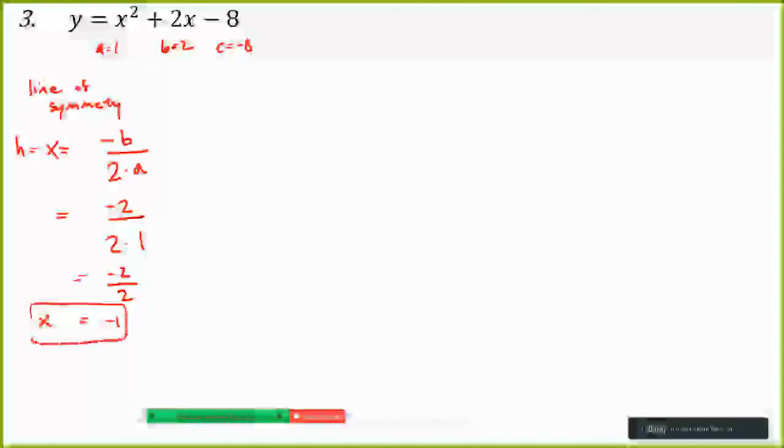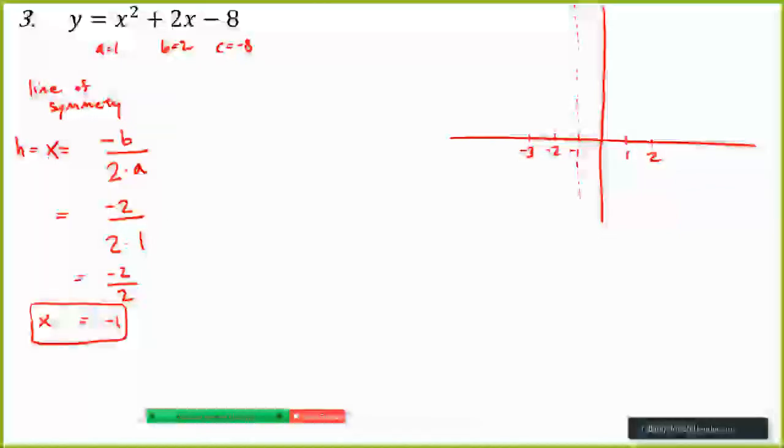So that's useful. I know that we're going to be over on the left side of our graph, not the right side. So here's negative 1. Let's throw in negative 2 and negative 3. We know that the vertex is somewhere on this line. Here's my line of symmetry.